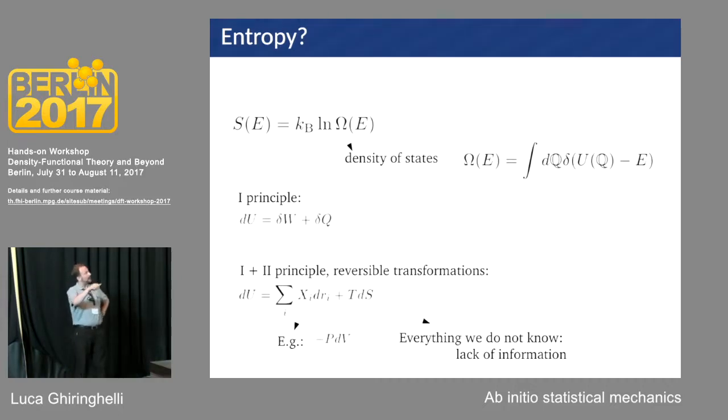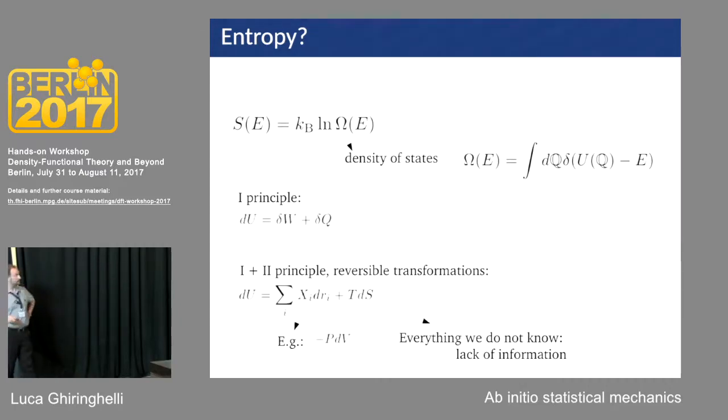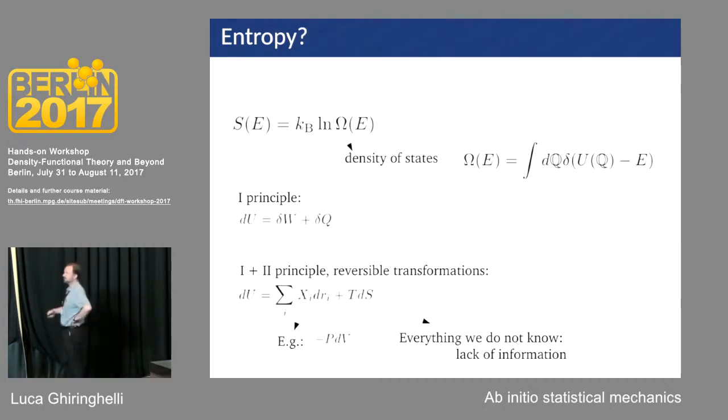An example is the pressure that is conjugate to the volume, so the work done on the system is a change of volume multiplied by the pressure. Now, this sum goes over all the degrees of freedom that are controlling the work that is done on the system. What is left is TdS, right? It's what makes this thing differential.